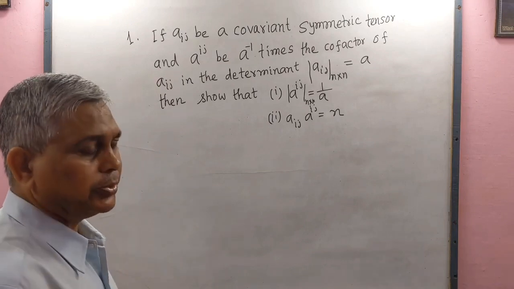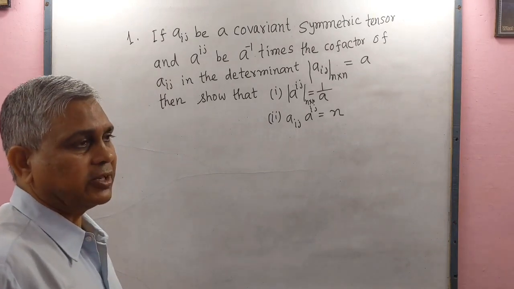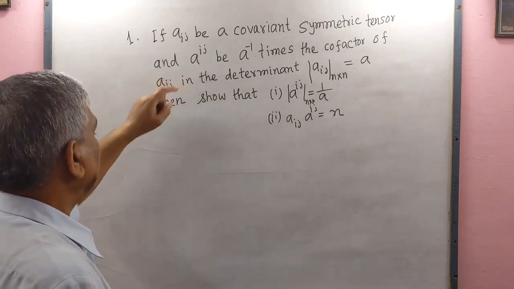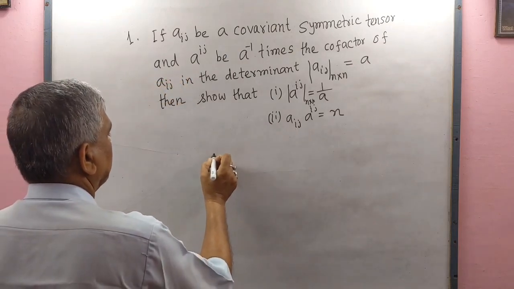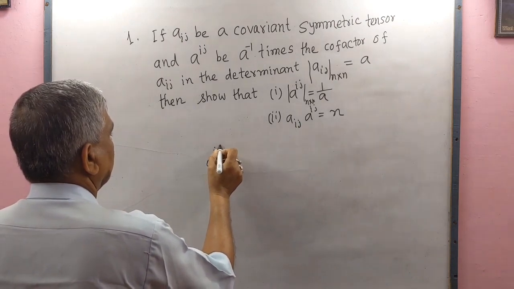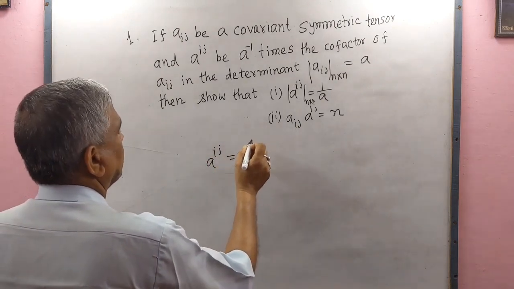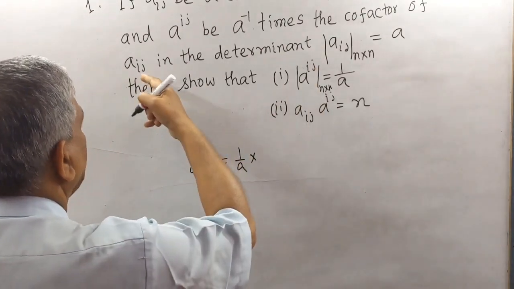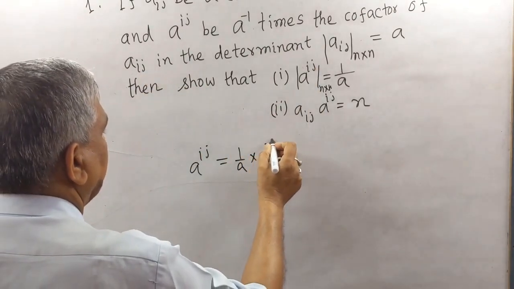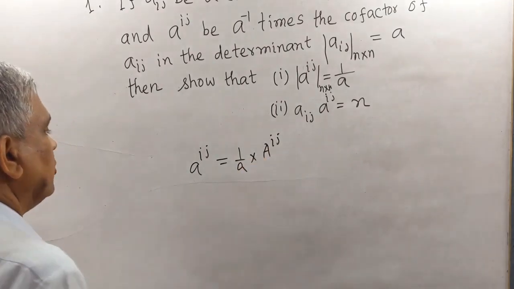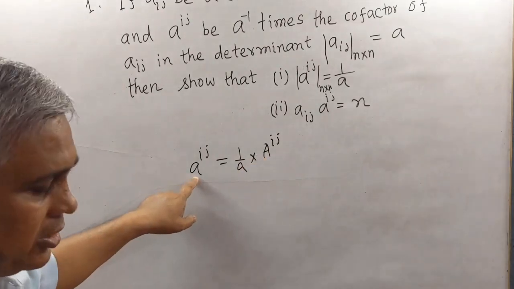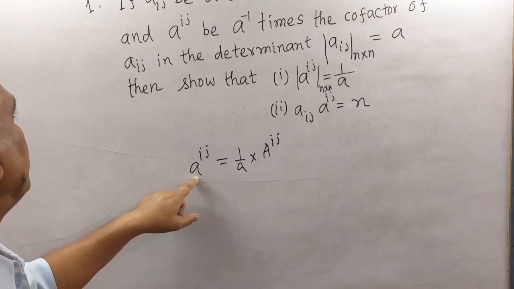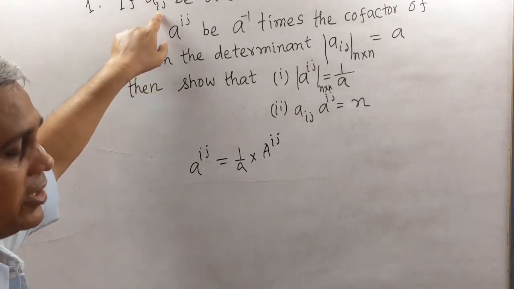From the definition of conjugate tensor, we have A^ij equal to 1 by a into the cofactor of a_ij, that is capital A_ij. So this contravariant tensor is a conjugate of this covariant tensor a_ij.